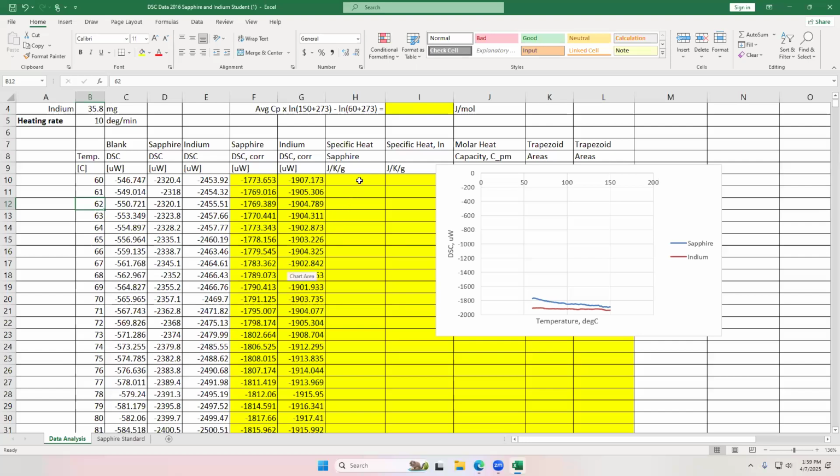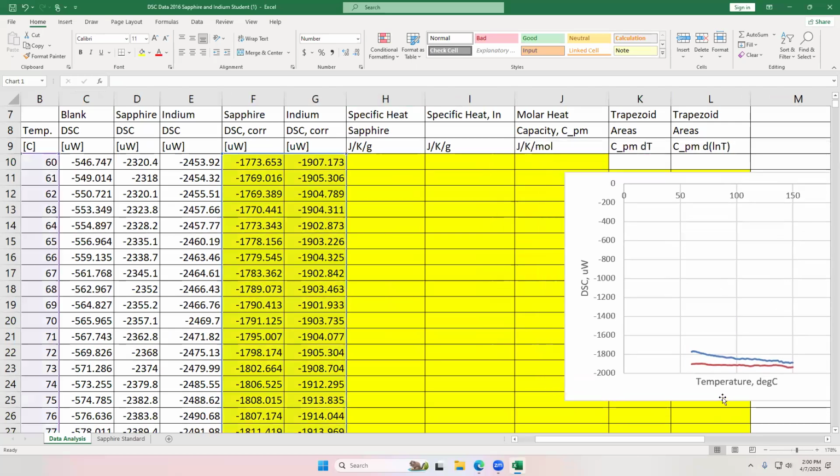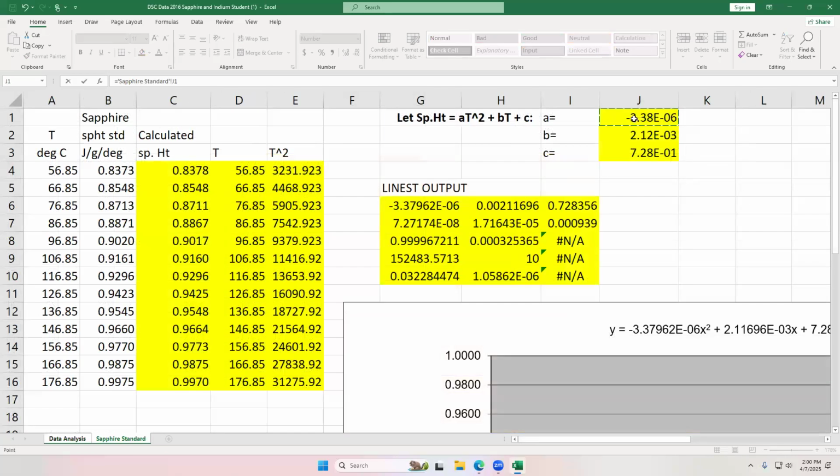So what's my formula going to be for this one? The same formula as before. So it's going to be A t squared. So I'm going to go to the standard sapphire sheet, point to A. Okay.